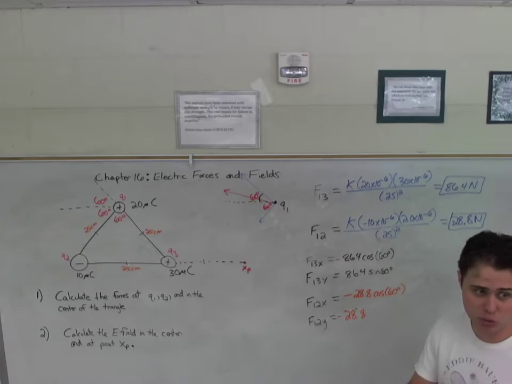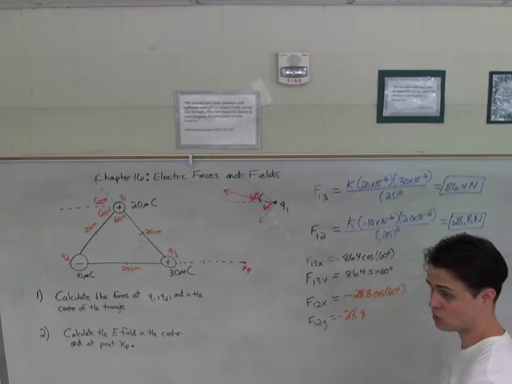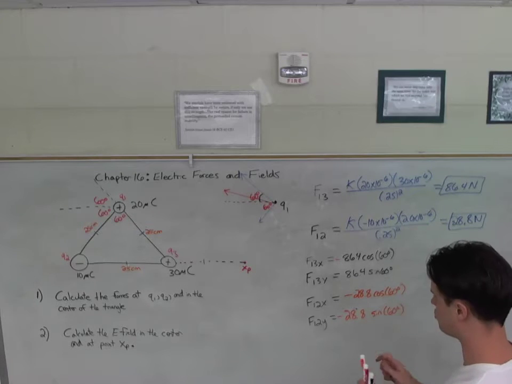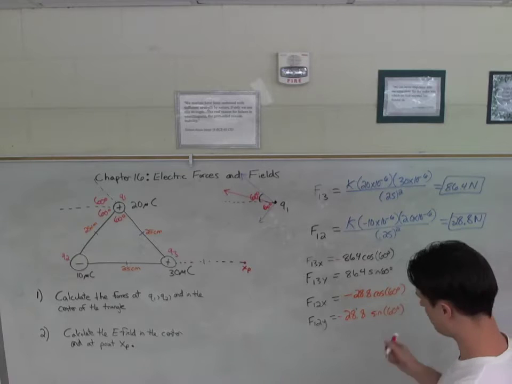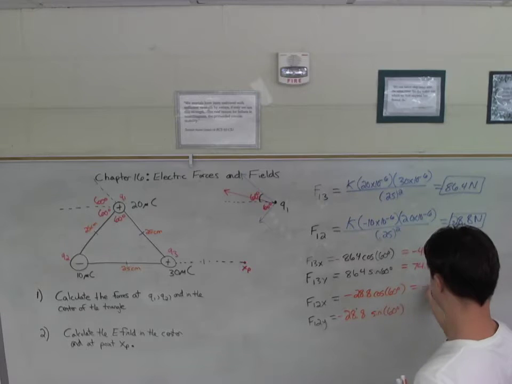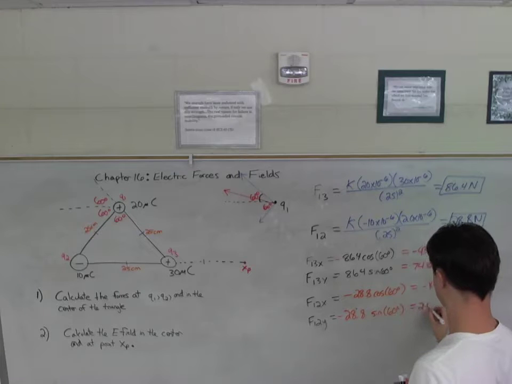And that's what we were having trouble with when we were trying to do them as a whole. So sine of 60. Okay, so I need some numbers. Negative 43.2. 74.82. Negative 14.4. 24.94. Okay.